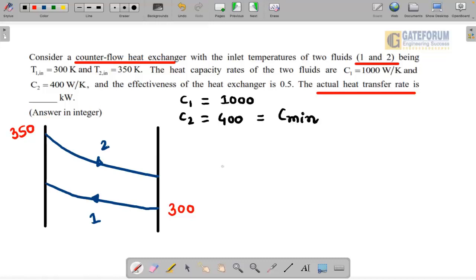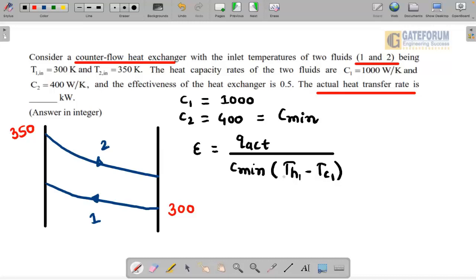So for effectiveness, we know very well, this is Q actual, the actual heat transfer that we have to calculate, upon Q max. So Q max is C minimum into the maximum temperature gap, that is Th1 minus Tc1, meaning the hot fluid's highest temperature minus the cold fluid's minimum temperature.